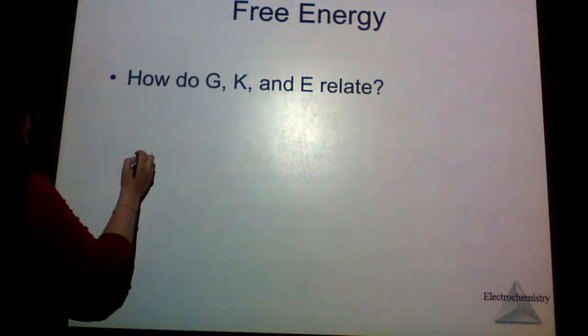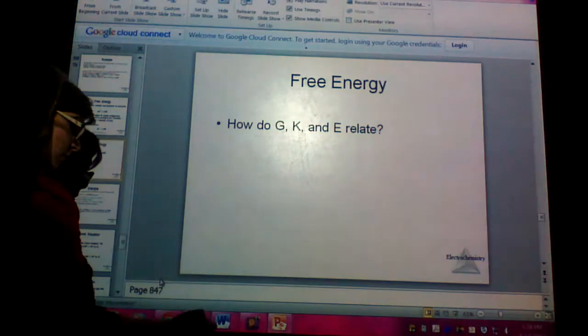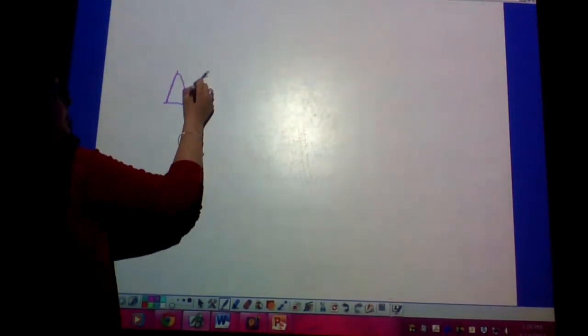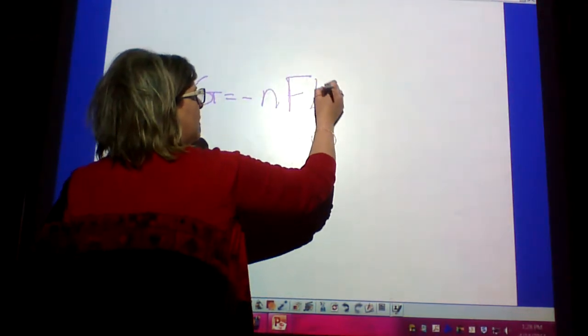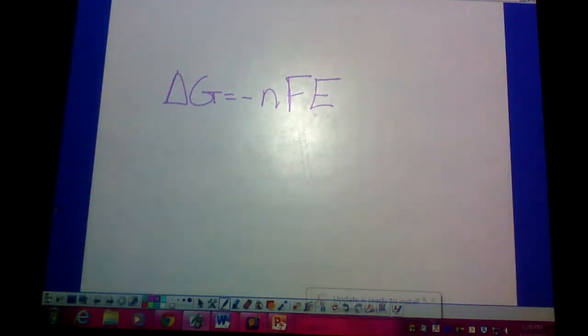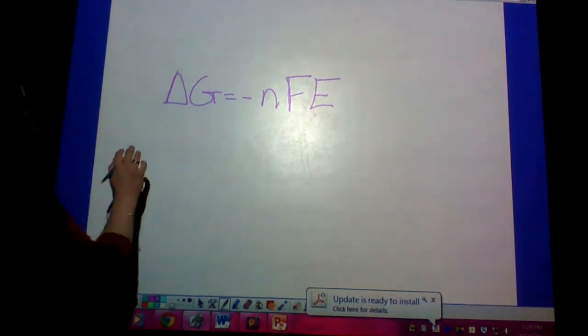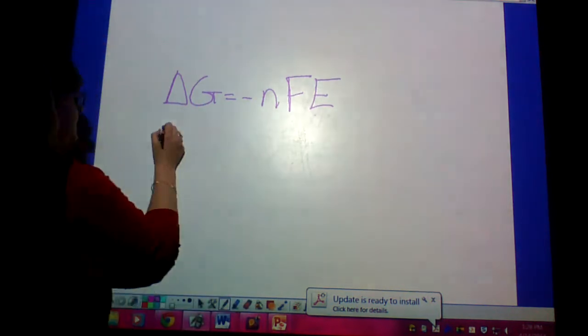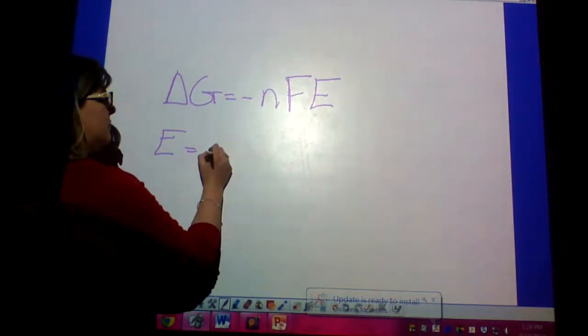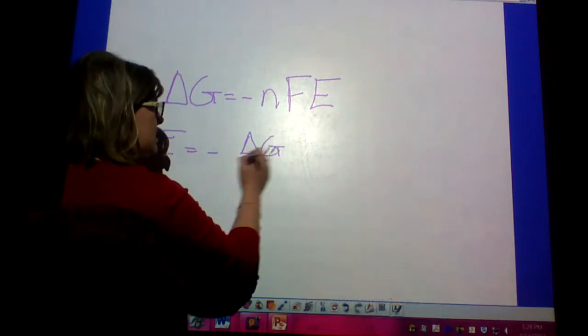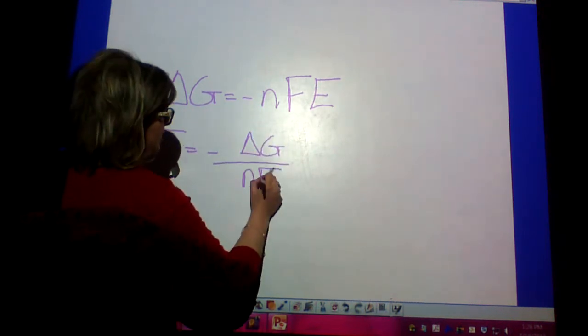Okay, so first of all, we know delta G is equal to negative NF times E. So that's what we just said. Let's rearrange this for E. If I rearrange this whole thing for E, then I would get negative delta G over NF.